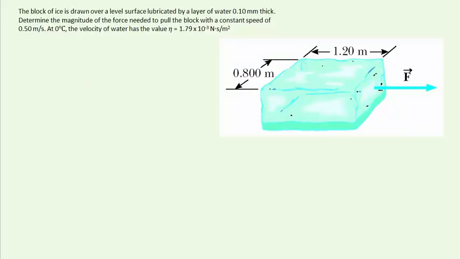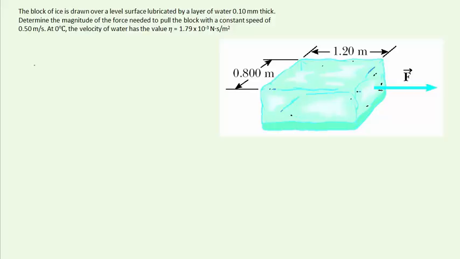Finally, in our last example, we have a block of ice that is drawn over a surface lubricated by a layer of water that is 0.1 millimeters thick. We're asked to determine the magnitude of the force needed to pull the block with a constant speed of 0.5 meters per second at a temperature of 0 Celsius, with the viscosity of the water having the value of eta equal to 1.79 times 10 to the negative third newtons times seconds per meter squared.